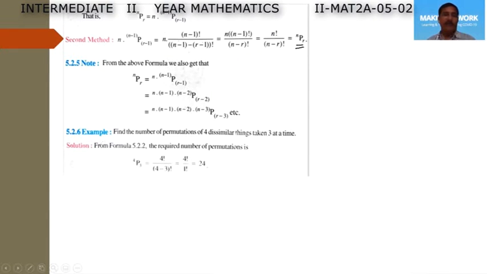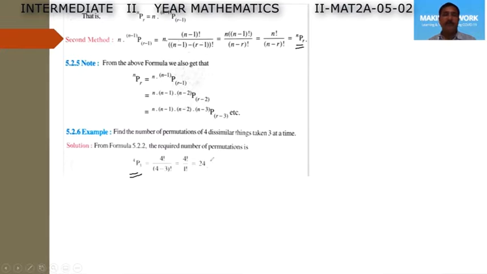Now here we have an example. Find the number of permutations of 4 dissimilar things taken 3 at a time. The number of permutations that can be made from 4 dissimilar things taken 3 at a time is denoted as 4P3. By using the formula nPr = n!/(n−r)!, 4P3 becomes 4!/(4−3)!, which is equal to 4!/1!.